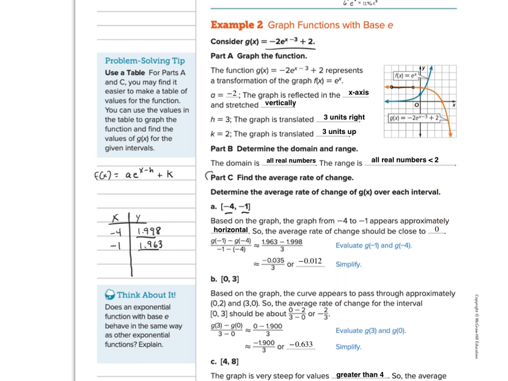And then we can see that, and again, looking at that, that's fairly horizontal. And as we continue to do that, if I go from when x is 0 to x is 3, we can see a little bit more slope there. So when they plug in those values, of course, they came up with your x and y values, and they came up with a -0.633.